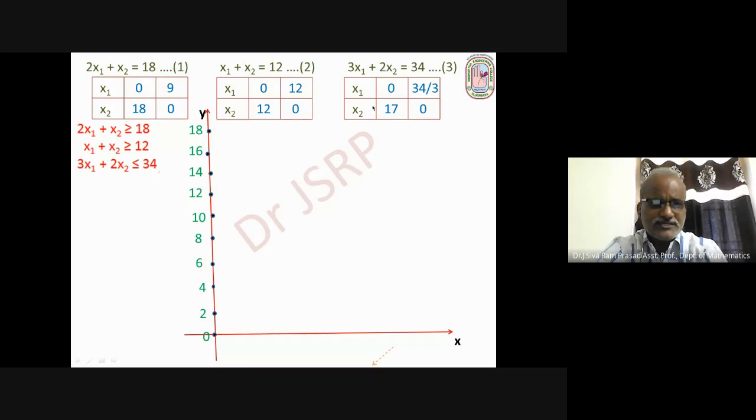Since the x2 range is 18, take up to 18. Similarly, for x1, range 0 to 12, take 1 centimeter equal to 2 units: 2, 4, 6, 8, 10, 12, 14.